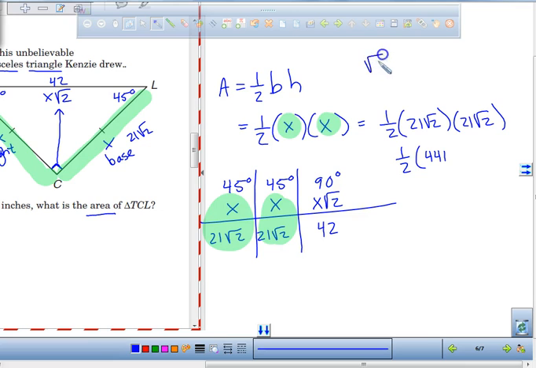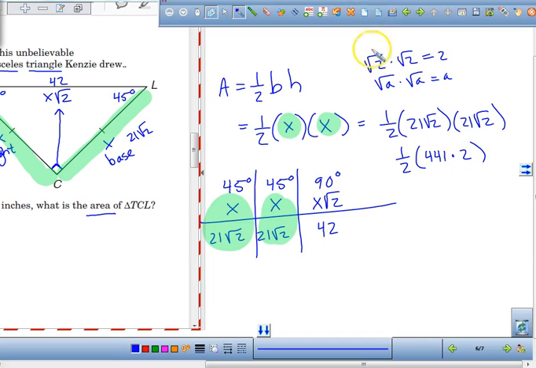How about this? Ready? Watch. Radical 2 times radical 2 equals 2. If you take a radical of any number and multiply it by the same exact radical, it's just whatever the number is inside. So what is radical 2 times radical 2? It's just a 2.